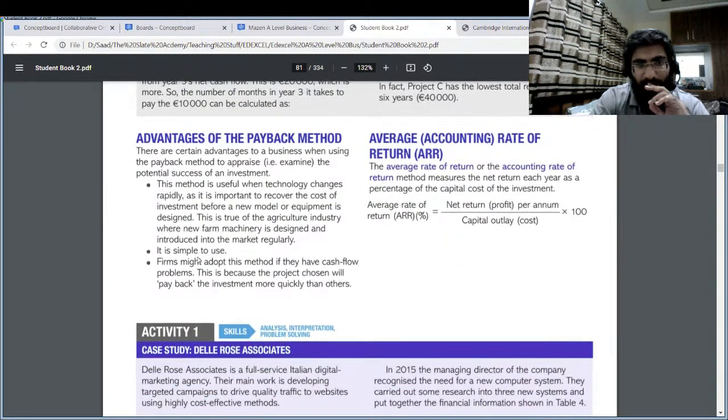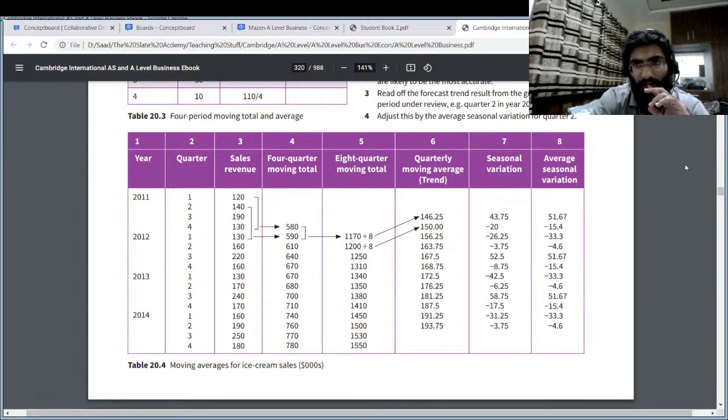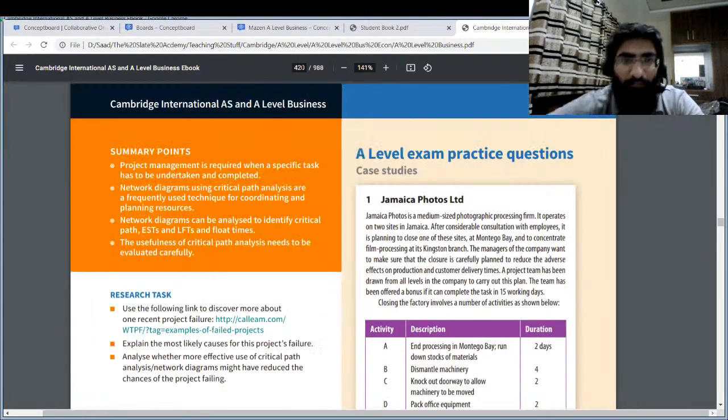Advantages of payback period. Quickly, if you could tell me what are the advantages and disadvantages of payback period. What else?